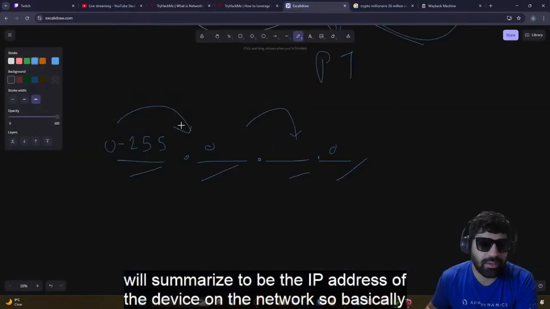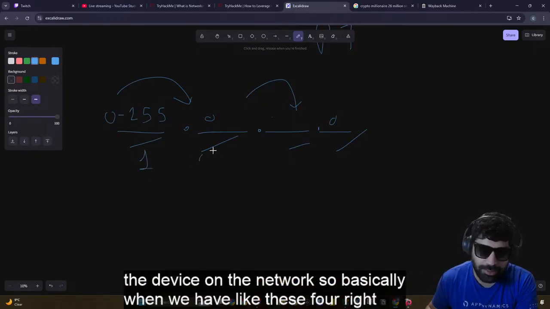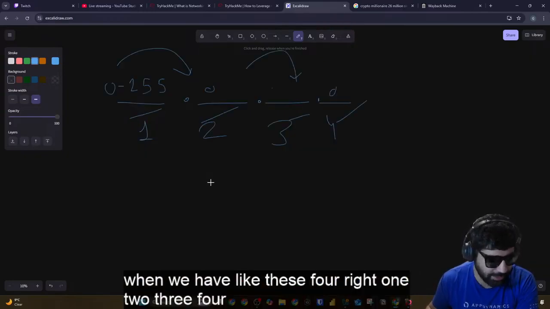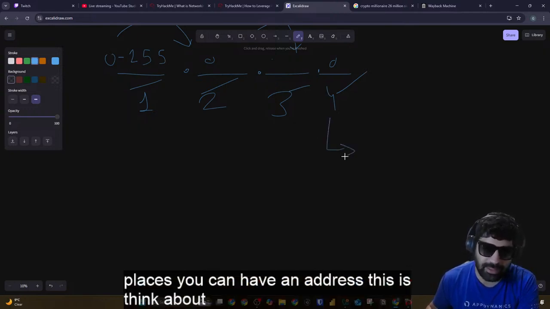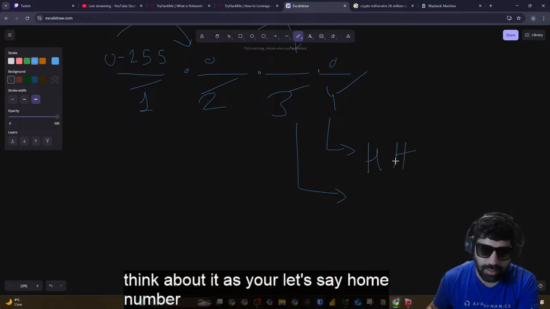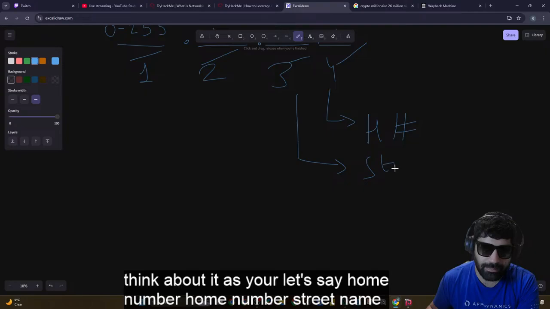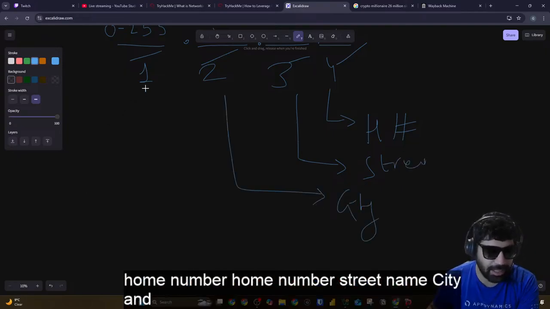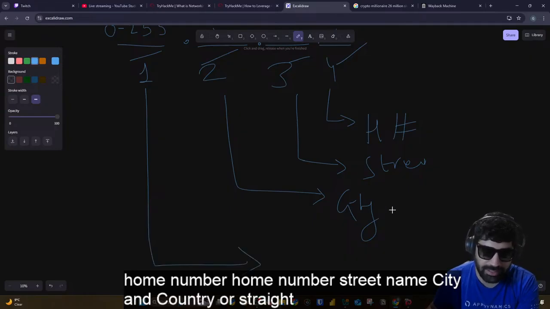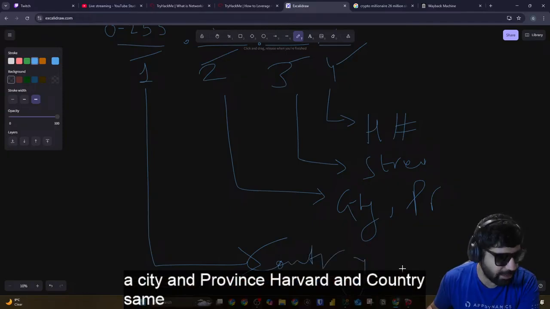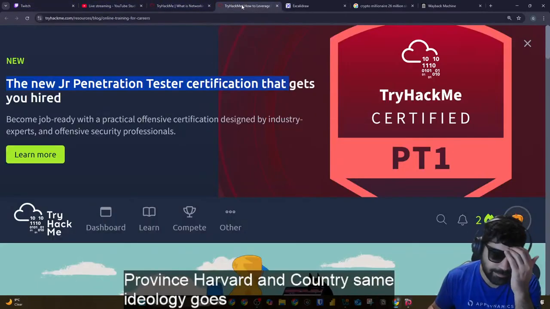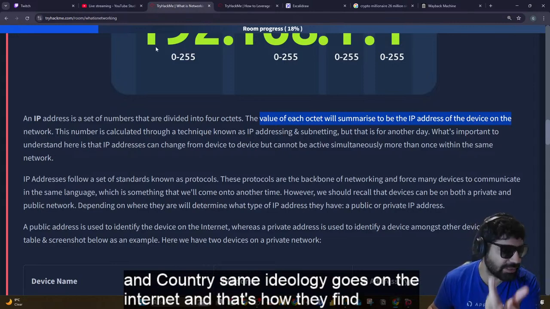When we have these four octets, four places you can have an address, think about it as your home number, street name, city, and country, or a city and province, and country. The same ideology goes on the internet, and that's how they find where to send the traffic.